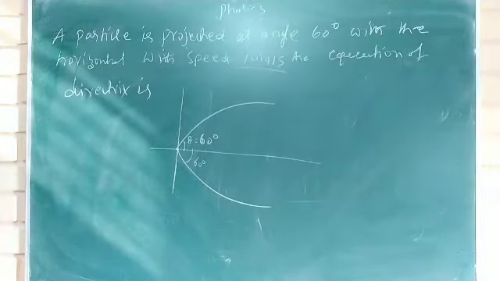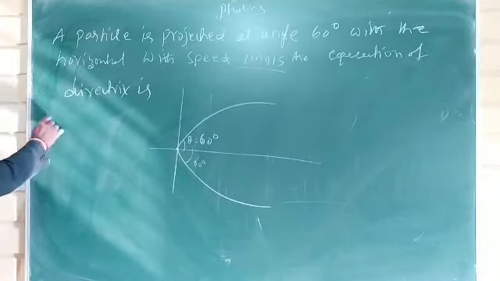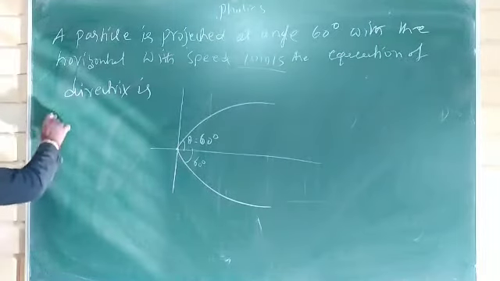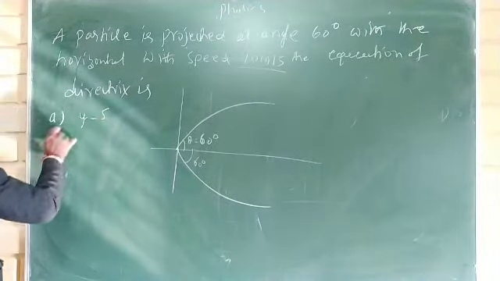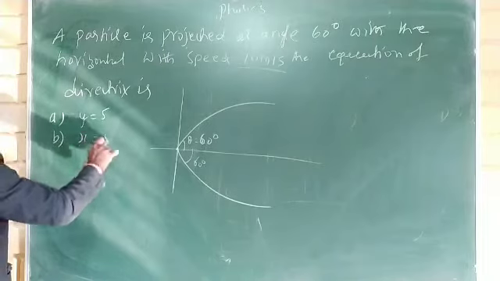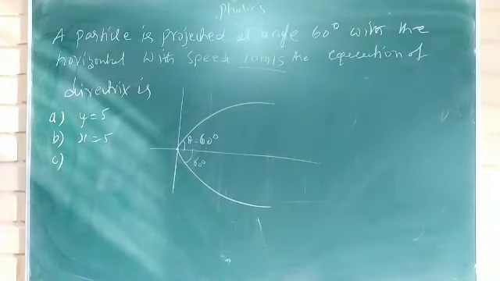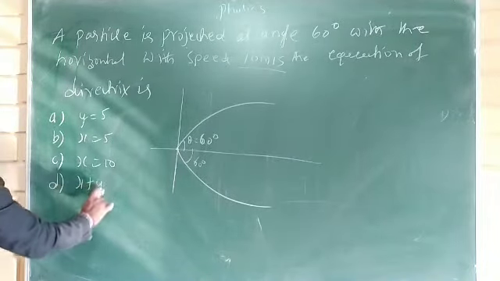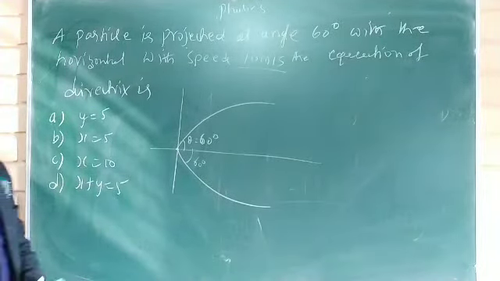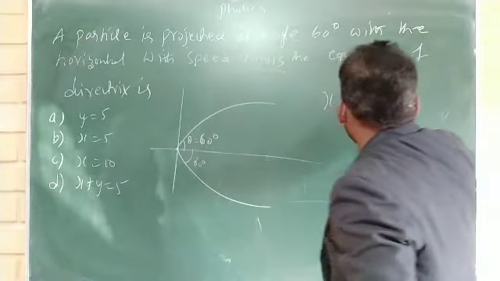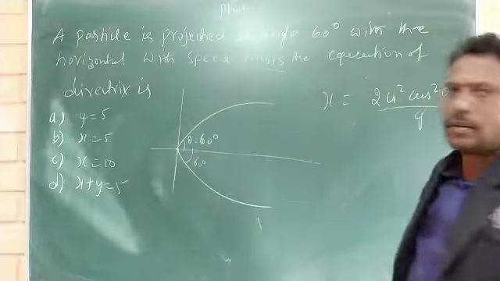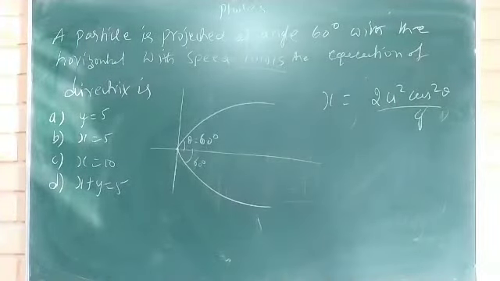We know the horizontal component we take as x. Options are: A is y equal to 5, B is x equal to 5, C is x equal to 10, D is x plus y equal to 5. We know the formula: x is equal to 2u square cos square theta divided by g.